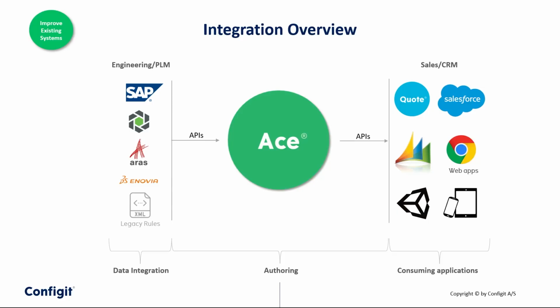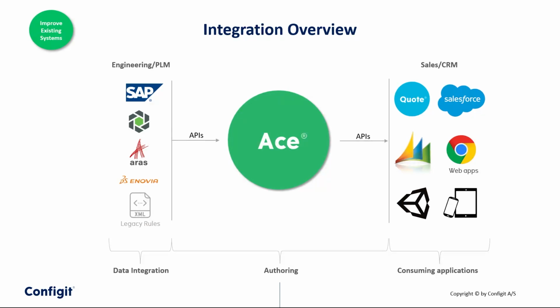So I want to start by talking about this integration overview picture that demonstrates how different systems are integrated with ACE. As you can see, we have ACE there in the center, representing the single source of truth. And the data is sitting there to the left, and that can come from various different systems. Henrik also talked about this briefly in his presentation.